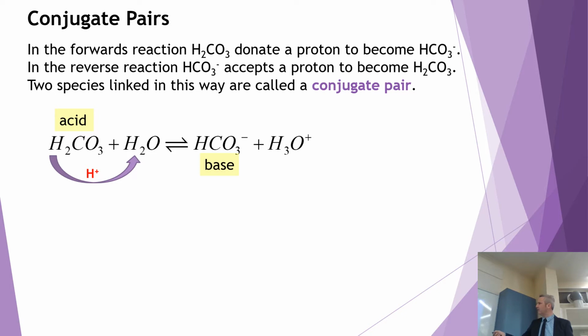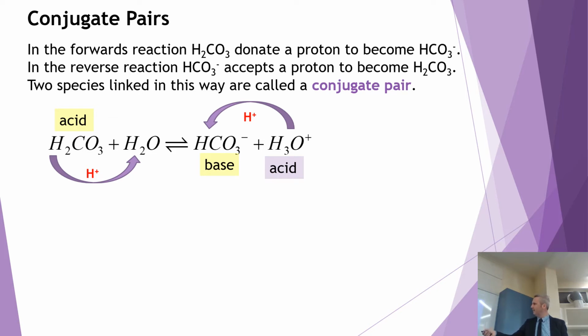Now, how can you see that this is the base? Well, look at this. Because this is an equilibrium reaction, it goes backwards, and we can see that the H3O plus has donated a proton in order to become H2O. So when we go backwards, in order for that to become H2O, it needs to donate a proton, and this accepts the proton to become this again.